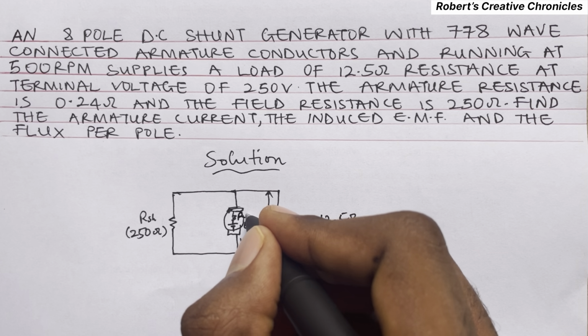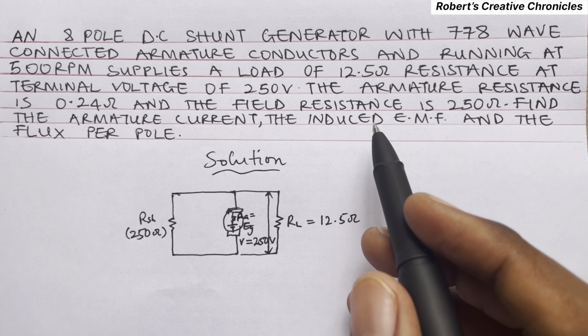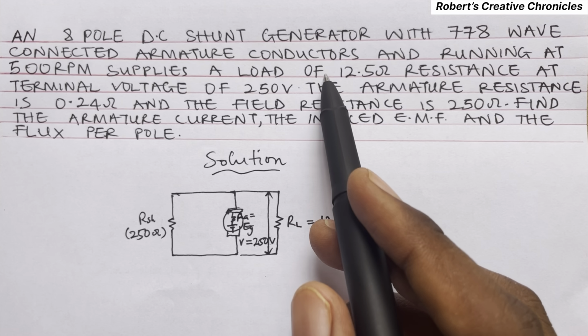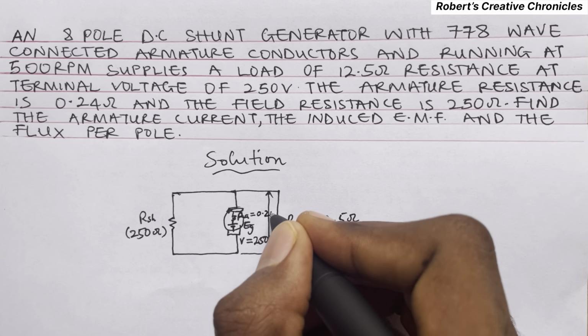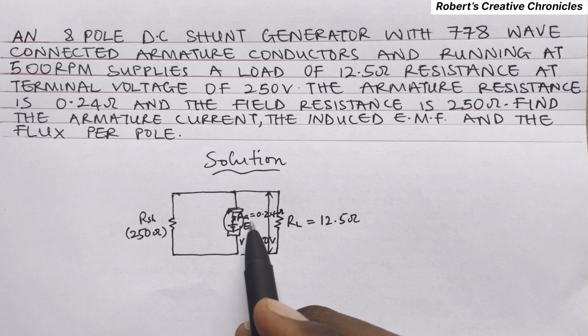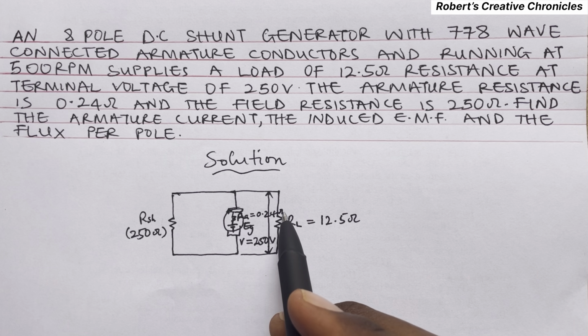And the armature resistance RA is 0.24 ohm. This armature resistance is 0.24 ohm.